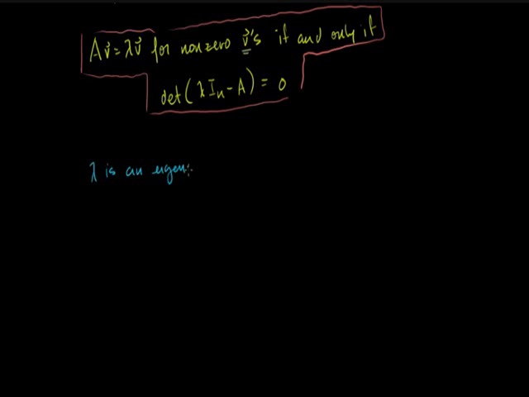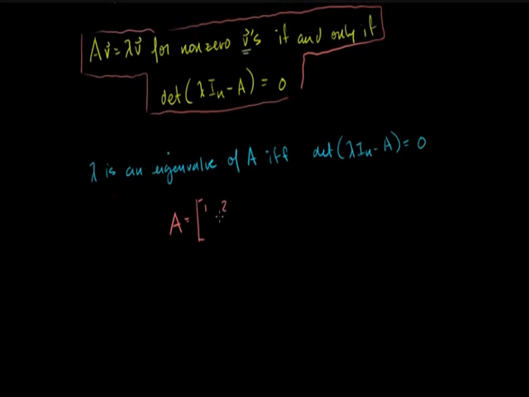Lambda is an eigenvalue of A if and only if det of (lambda I minus A) is 0, where I is the identity of the same order as matrix A. It should be very clear that the matrix A must be a square matrix, because the determinant can only be calculated for a square matrix.